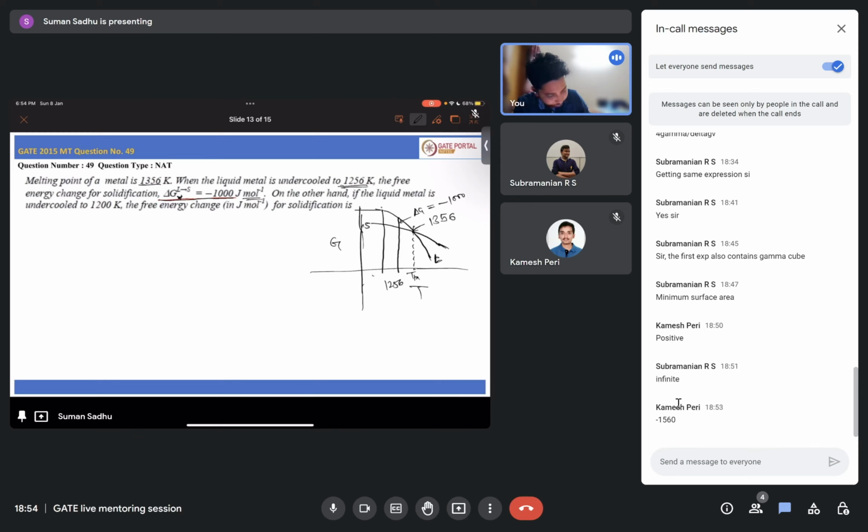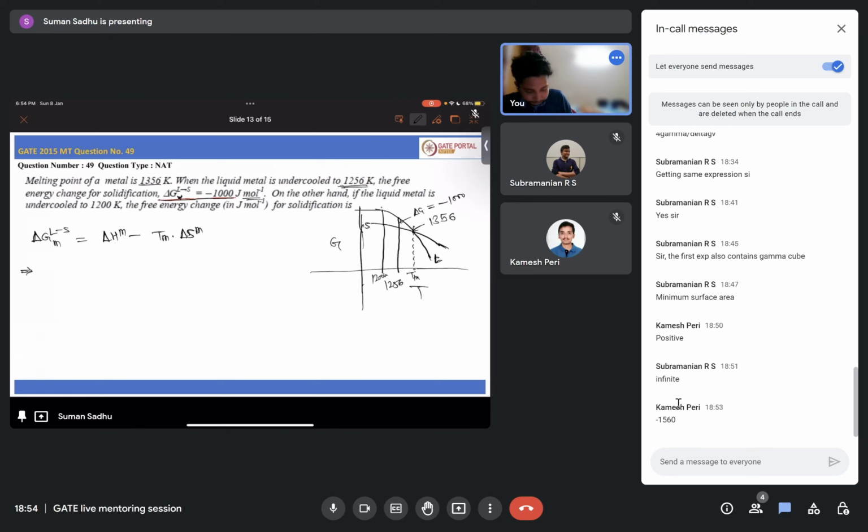Okay, at 1200. So the equation is delta G liquid to solid at your melting temperature, it will be delta Hm minus Tm delta Sm, right?